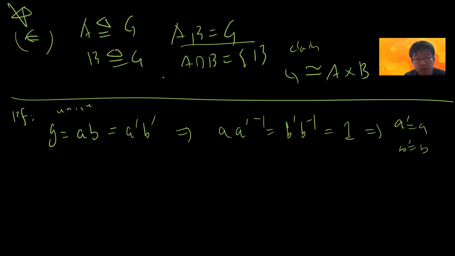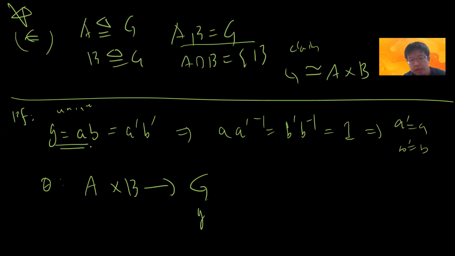Now I can create a bijection from A times B to G, and prove that this is an isomorphism. That is, A times B onto G. By definition, you take any g, which you can write as ab, and this is unique, so theta is one-to-one and onto.